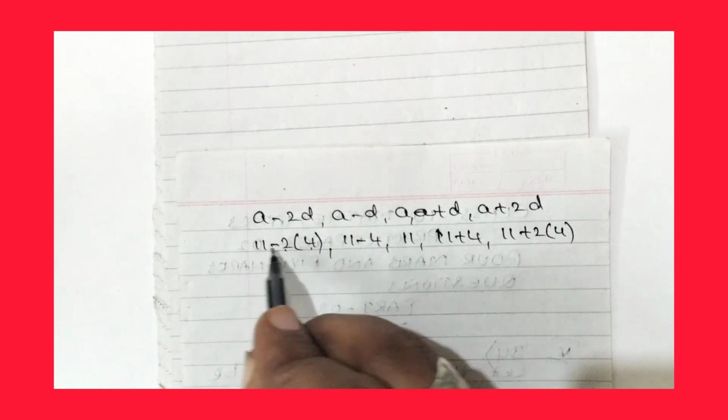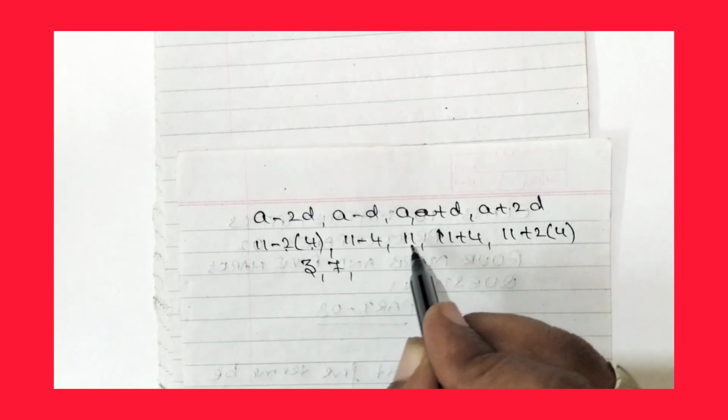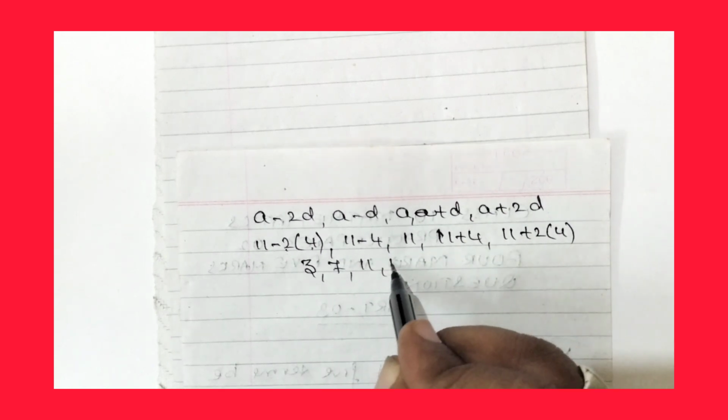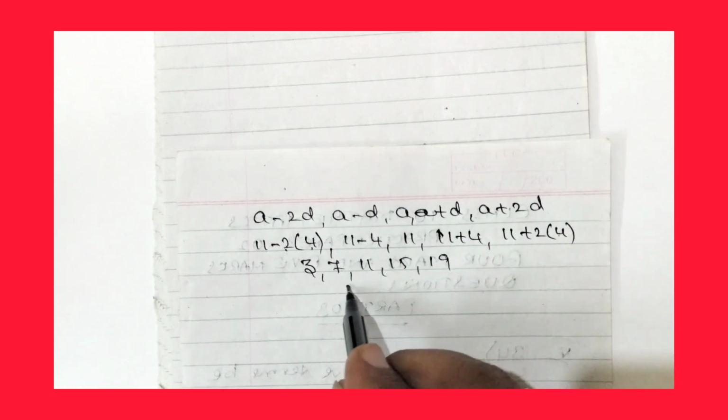So 2 fours are 8, 11 minus 8 is 3, 11 minus 4 is 7, comma 11, 11 plus 4 is 15, 2 fours are 8, 8 plus 11 is 19. So 3, 7, 11, 15, 19 are the terms of the given AP.